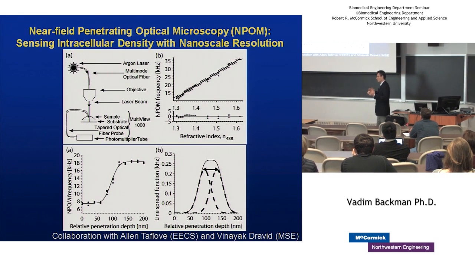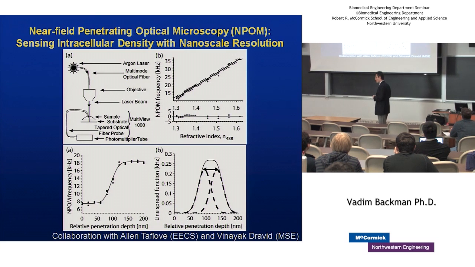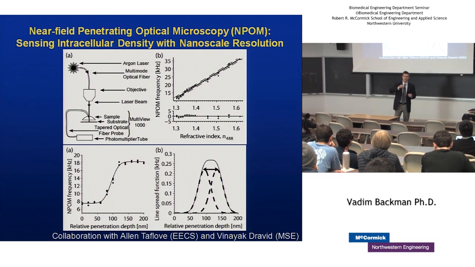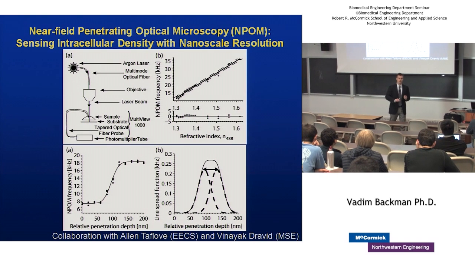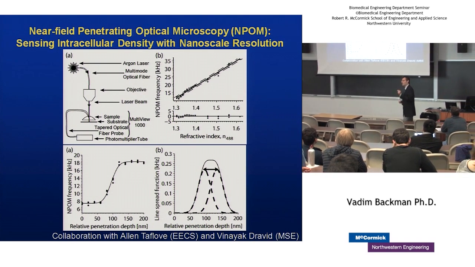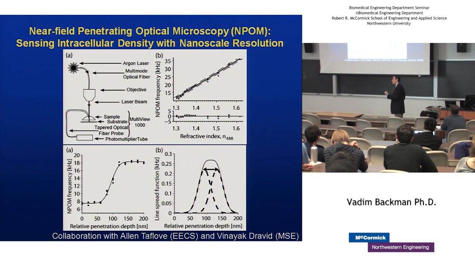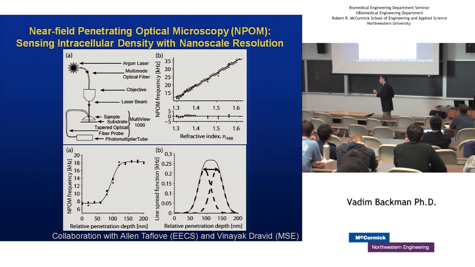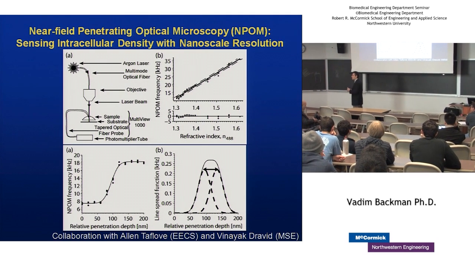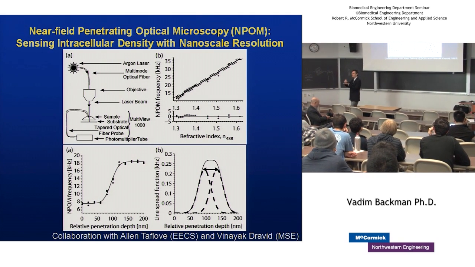Now, another example of nanoscale imaging, in this case, you could probe individual molecules with a tiny probe. So it's an extension of near-field scanning optical microscopy. Near-field scanning optical microscopy, or NSOM, historically has been used essentially to poke surfaces.